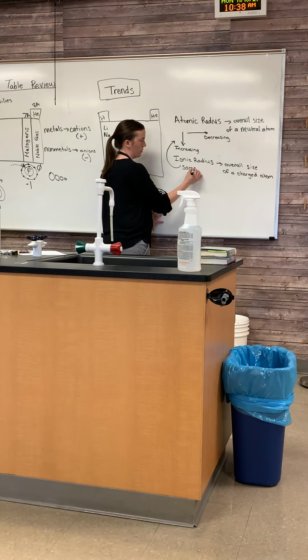Same pattern, so increasing, decreasing. Because now they're charged, when lithium loses its valence electron, the atom is smaller than it originally was, okay? But it's still gonna be bigger than beryllium when beryllium loses its 2 electrons. So this one's neutral, this one's charged, but it's still decreasing as you go left to right, it's still increasing as you go top to bottom.